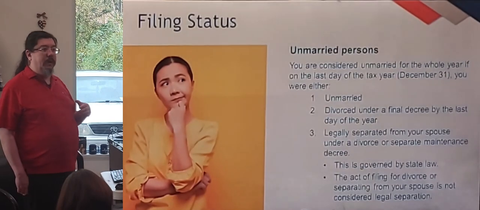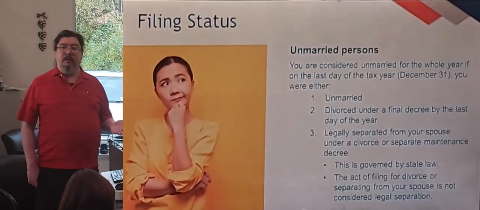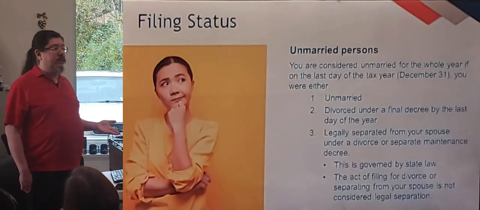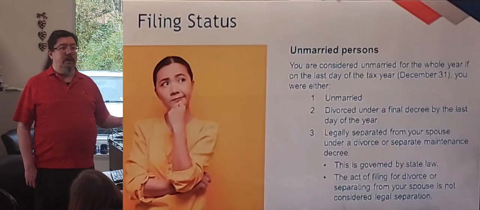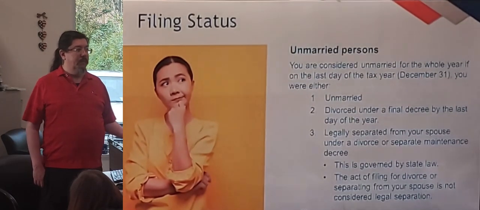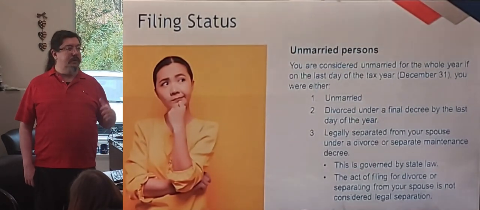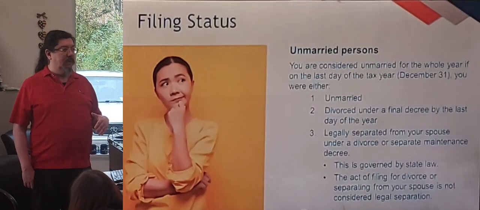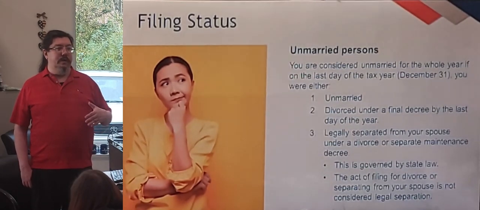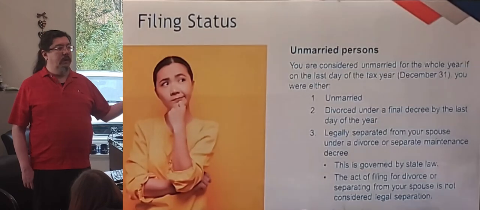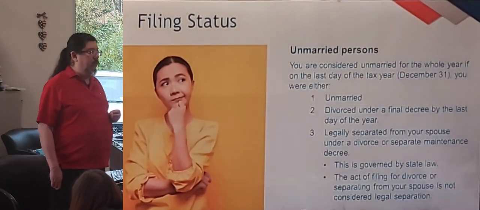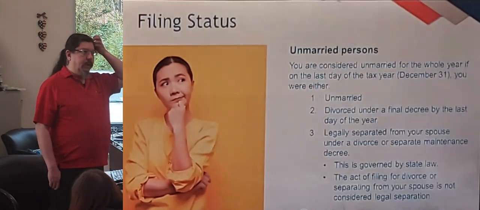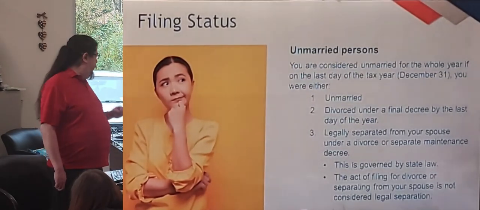So if you got married today, September 16th, 2024, for the entire tax year 2024, you would be considered married. On the other hand, if you got divorced and your divorce was final today in September, then you would be considered single or unmarried for the entire tax year, as long as they get divorced by December 31st.